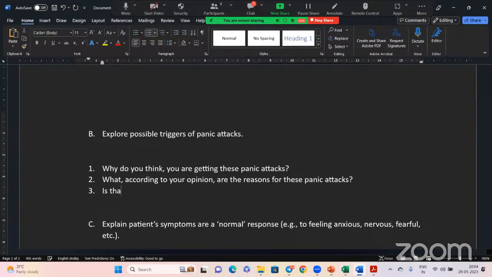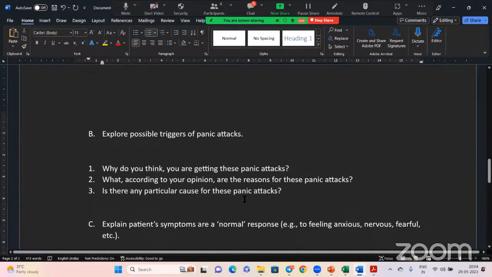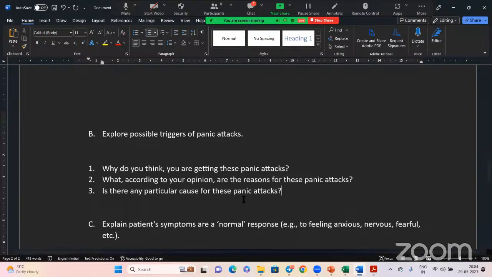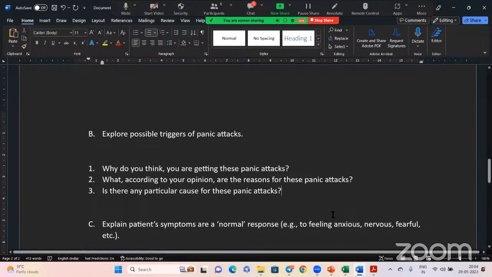Is there any particular cause for these panic attacks?